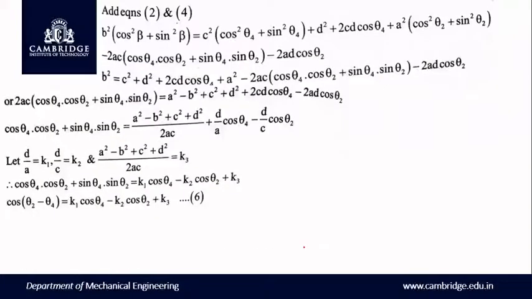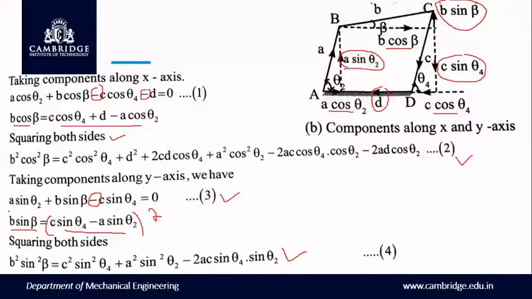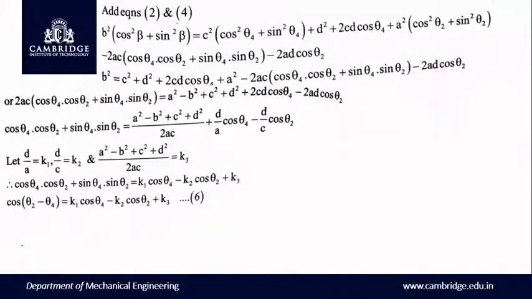Now the equations number 2 and 4 that we got, b square cos square beta and b square sin square beta, we need to add. If we add these two equations and take b square as a common factor, cos square beta plus sin square beta comes under the bracket, and the corresponding right hand side terms are also added, which gives this term. We know from the basics that sin square beta plus cos square beta is equal to 1.